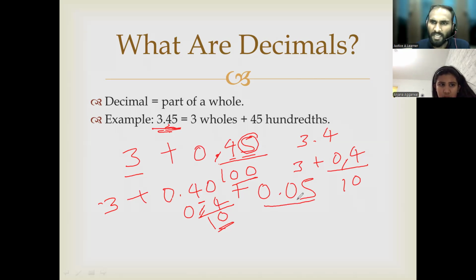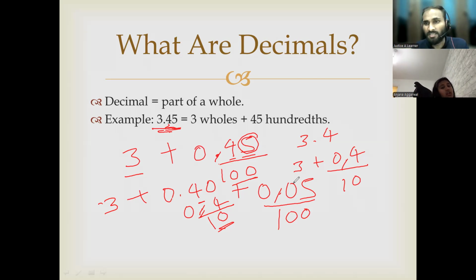Now come to this section, that is 0.05. So we will cancel this dot. We'll keep 1 here. And how many zeros? Two. I hope now you understood completely that 5 is standing at which place? Hundredth. Great.